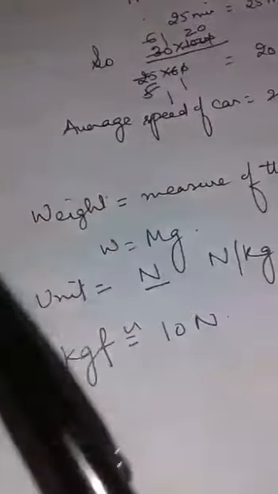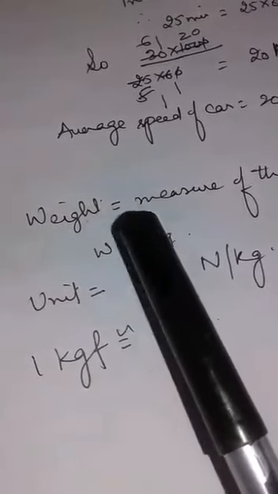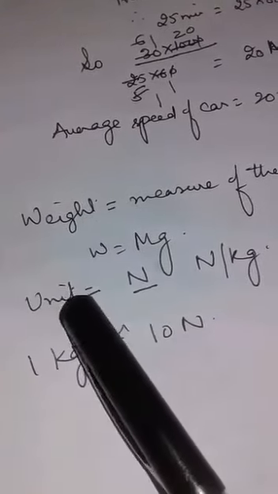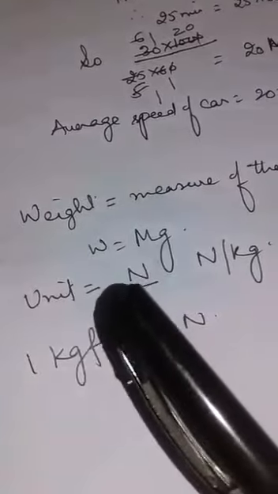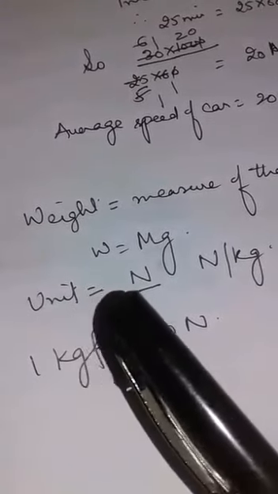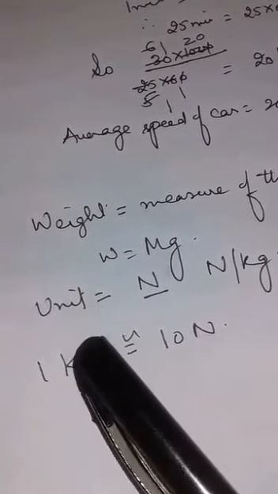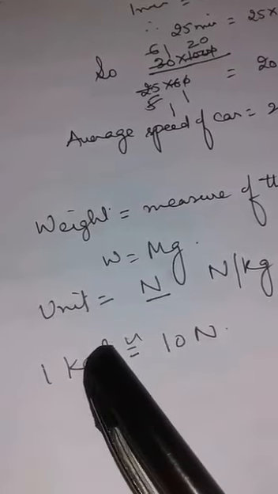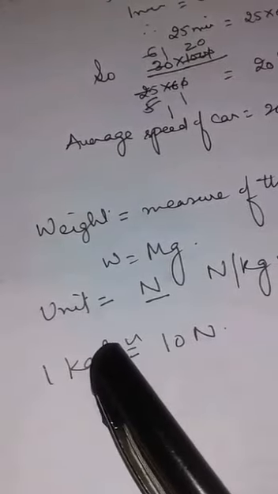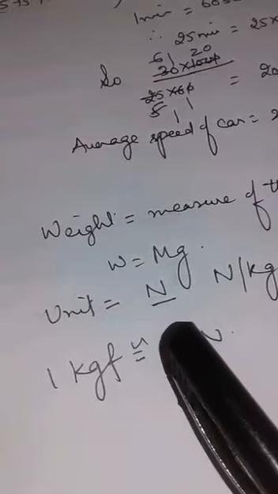If we do the comparison between weight and mass, mass is a basic quantity that remains the same at all places. It is the quantity of matter that is present inside the object. It is measured in kilogram. It has no direction of action.